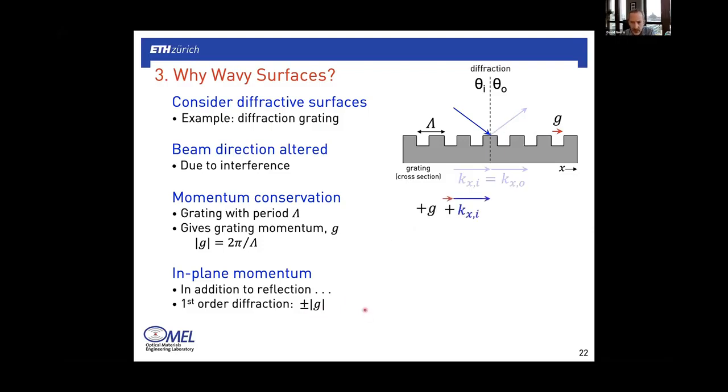If we add 1 unit of g, we will make the beam diffract towards the surface interface. And if we subtract 1 unit of g, we will make the beam diffract towards the surface normal. And of course, the angles of these diffracted beams will be wavelength dependent, which is why we use diffraction gratings in spectroscopy. All of what I've just said has been known for an extremely long time.